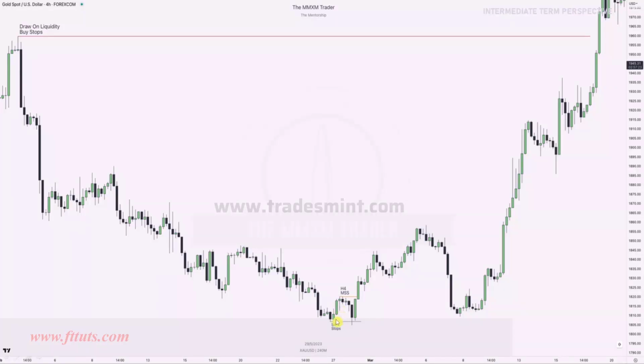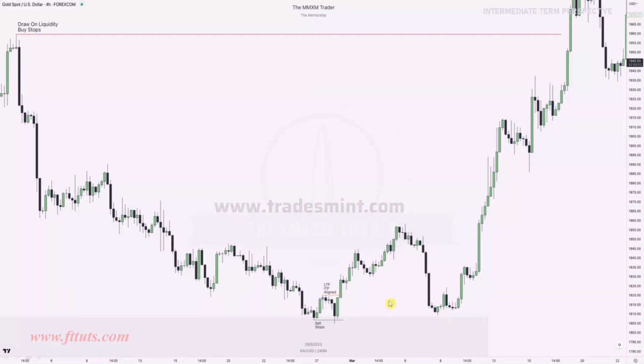Now we can see this sell stop raid down in that, remember that weekly breaker, right, is down here. Now we have this 4-hour market structure shift, and then we can say, all right, long-term perspective and intermediate term perspective are aligned, and now we are good to go for more bullish price action and bullish order flow.